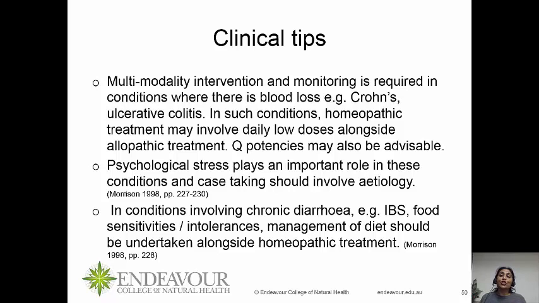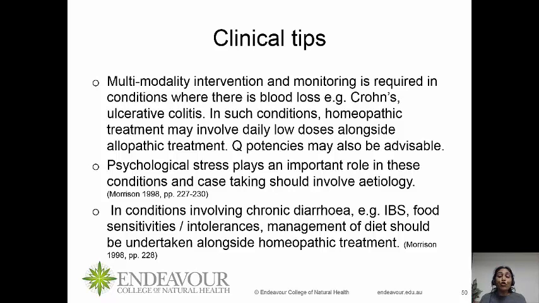In these conditions like Crohn's disease and ulcerative colitis, potency choice is usually going to be a low potency or Q potencies, and you're probably going to give daily doses. In my experience of Crohn's disease, there is a huge mental, emotional factor involved. Symptoms like bleeding with the stools are a more common symptom.